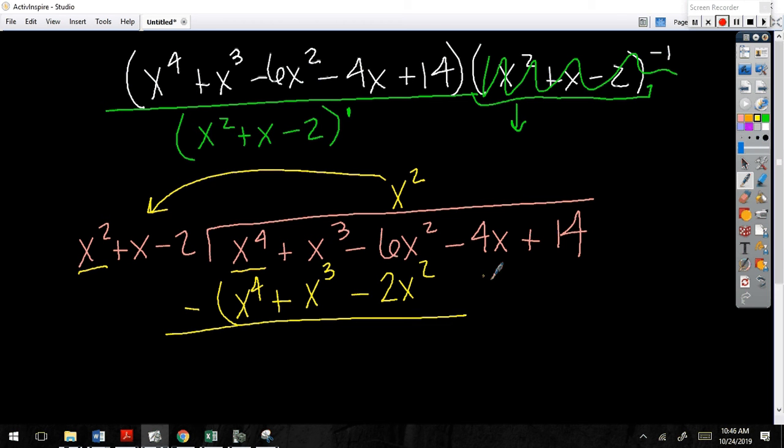But this is all subtracted, which means I need to distribute that negative through, right? Negative, negative, positive. Your first terms should always and forever cancel out. That's the reason you chose the value that you chose to put up top. All right, gone. Ooh, nice.